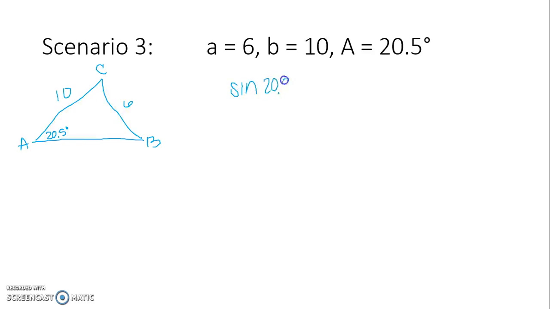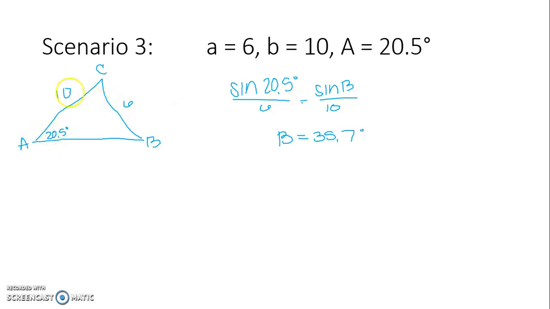Sine of 20.5 degrees over 6 equals sine of B over 10. Cross multiply and divide. So sine of 20.5 times 10 divided by 6. Sine inverse. I'm getting that B is 35.7 degrees.